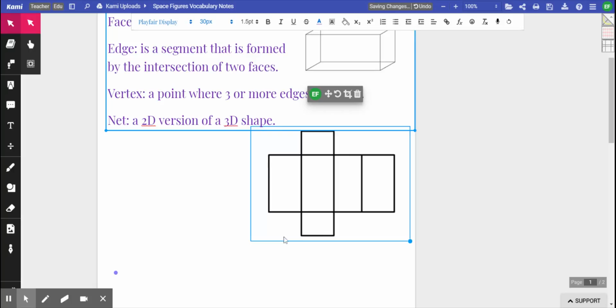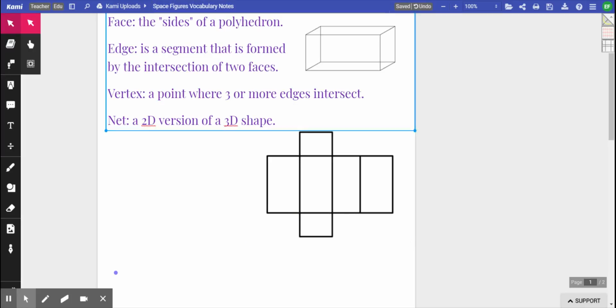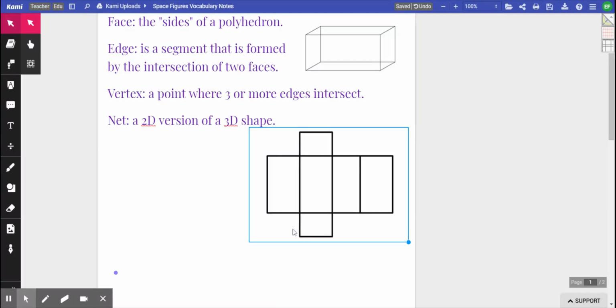If we pictured taking this shape and folding up the edges, we would get the box, or the polyhedron, that's up here. You could think about it in reverse. If you ever have taken a box and cut along each one of those edges and unwrapped it, you would get a shape that looks something like this.